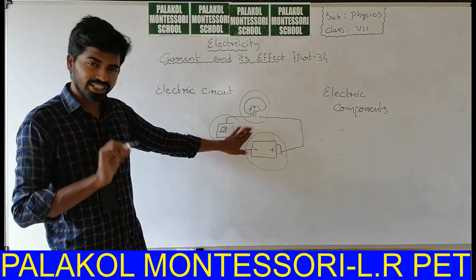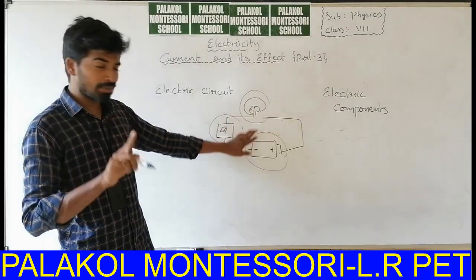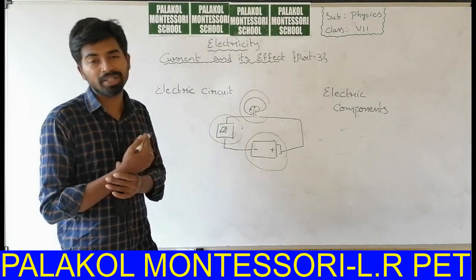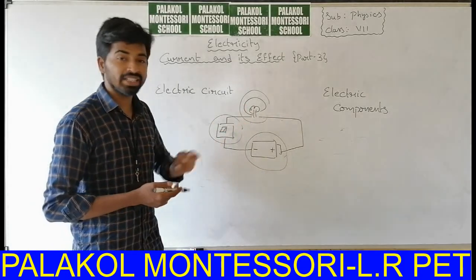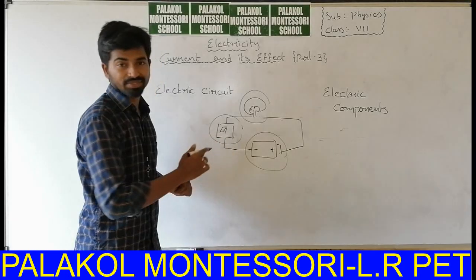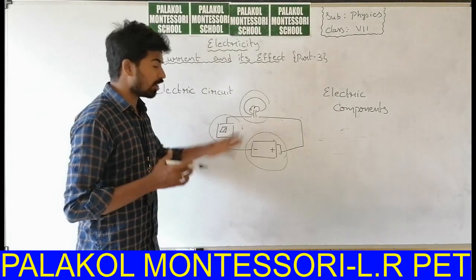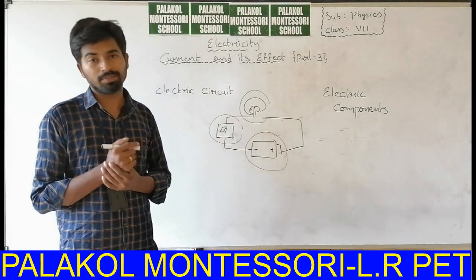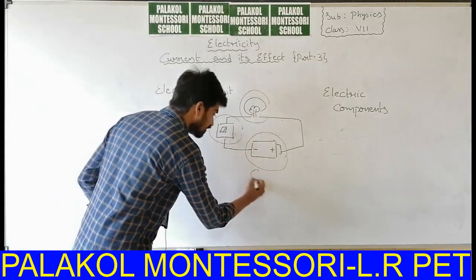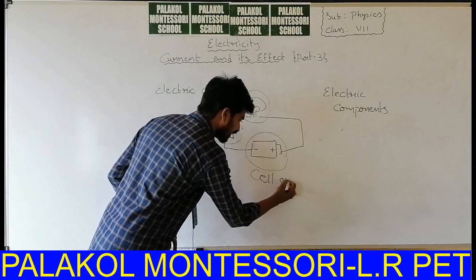Since this is a simple circuit, there is only one bulb, one battery and one switch. If there are many batteries and many bulbs, it is very difficult to draw like this. So, the electric components are denoted with some symbols. The battery, the cell, we can call this a cell or battery.